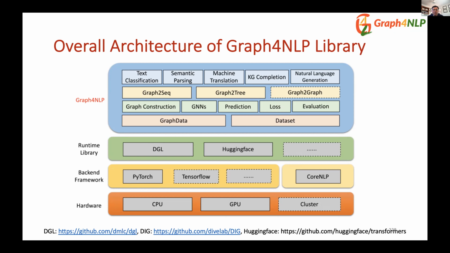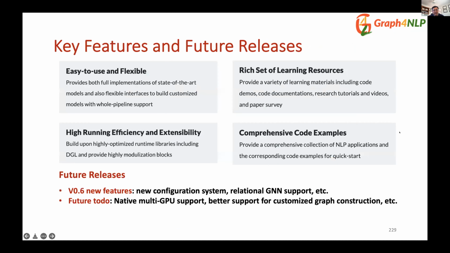On top of that, we also integrate 2 popular models, graph2seq and graph2tree, so that it's much easier to use these 2 high-level models to do your task. And on top of that, we support, I think, 12 different NLP tasks so far, but you can definitely customize your own application using the lower-level APIs that we provide here.